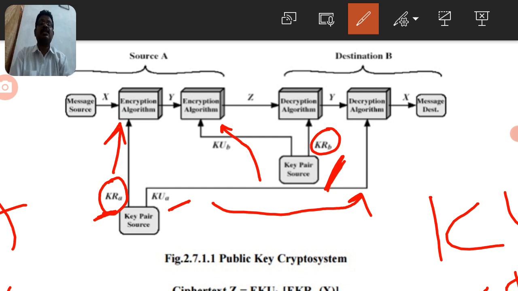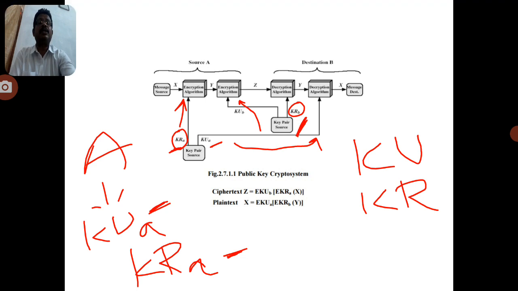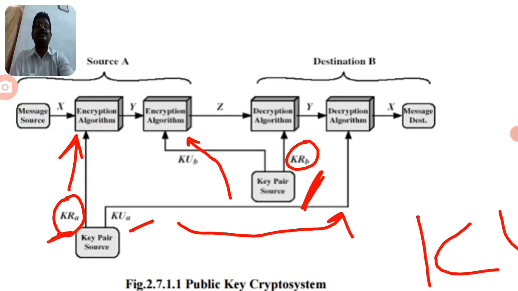The first message is the confidential message. When the confidential message is generated, the sender uses the recipient's public key in the encryption.